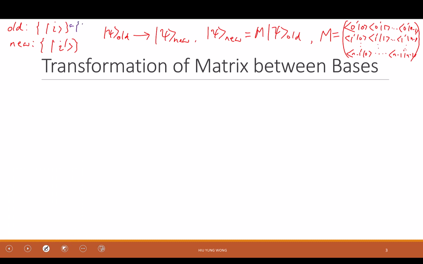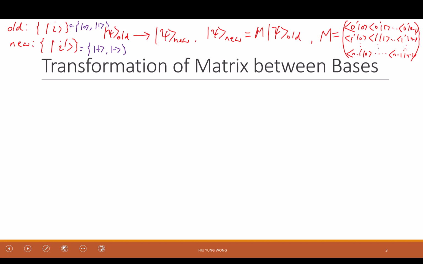For example, this one can be 0, 1, and this one can be plus, minus. What is n in this case? n is 2. It's two-dimensional. This is just an example. Any questions?